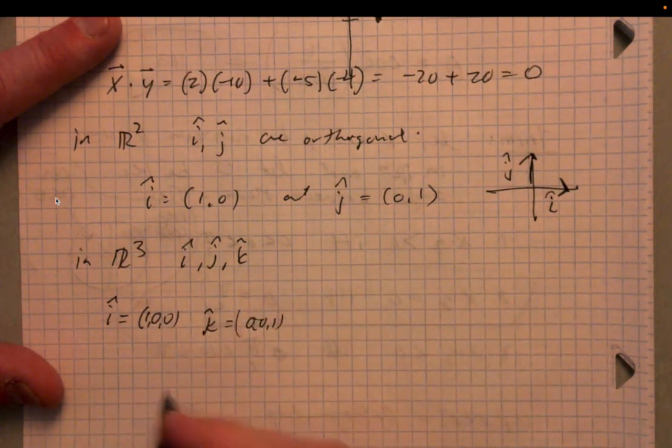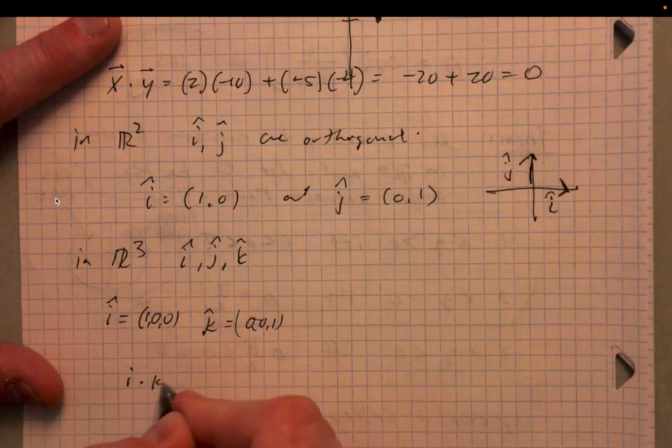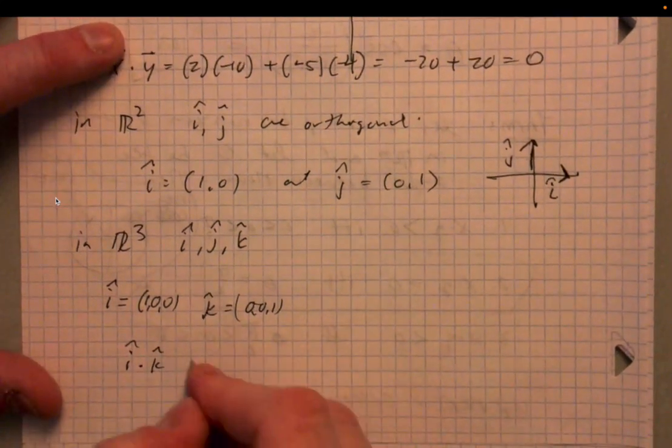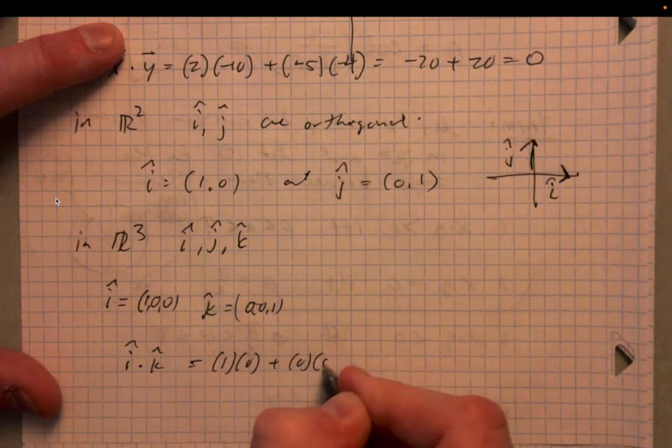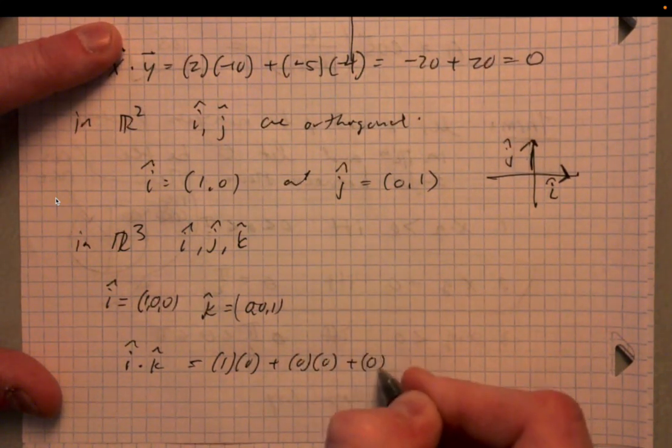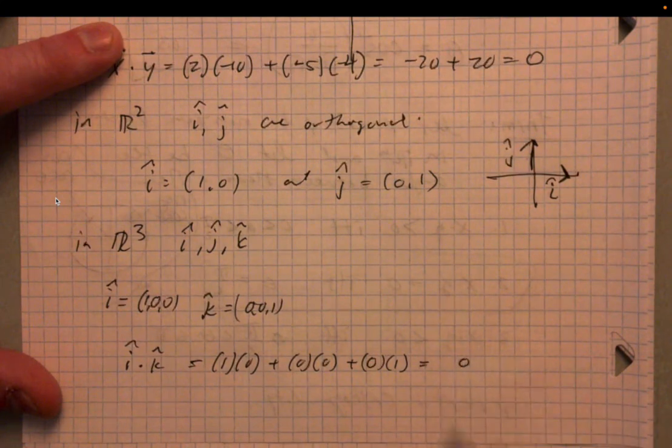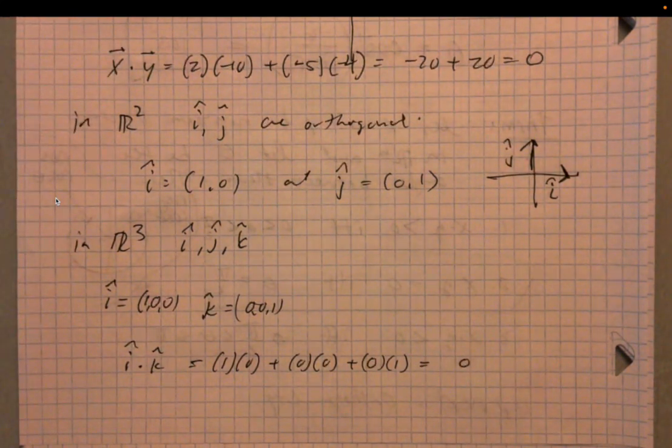If I dot those together, I get 1 times 0 plus 0 times 0 plus 0 times 1, so I get 0. So in general, standard unit vectors are going to represent an orthogonal set of vectors.